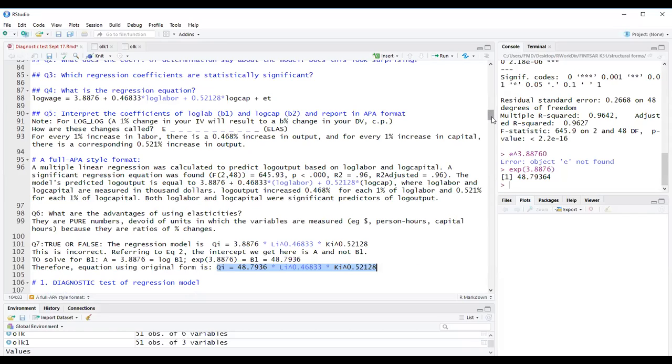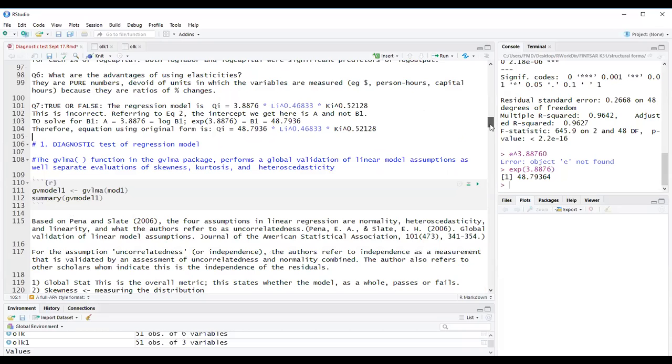Yun ang model natin. Or, it's the same as this one, guys: output is equal to 48.7936 times labor to the 0.46833 times capital to the 0.52128. Okay, they are equivalent. Pareho sila.